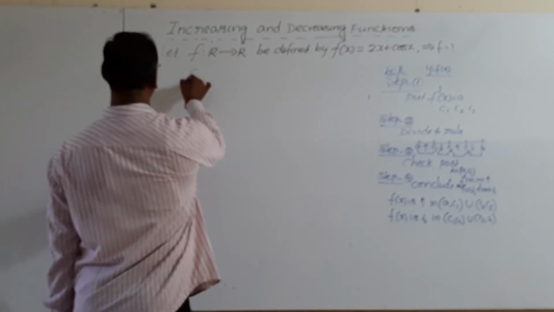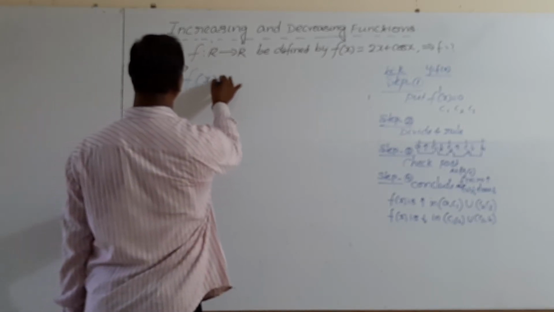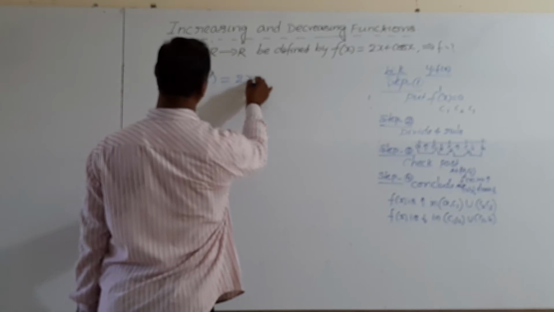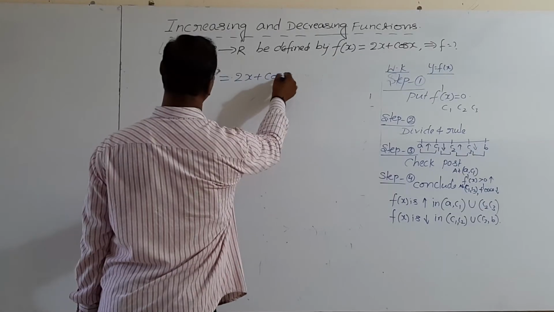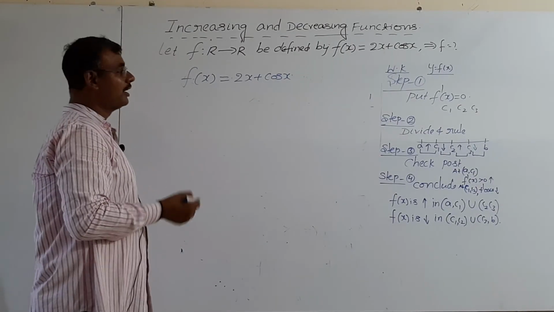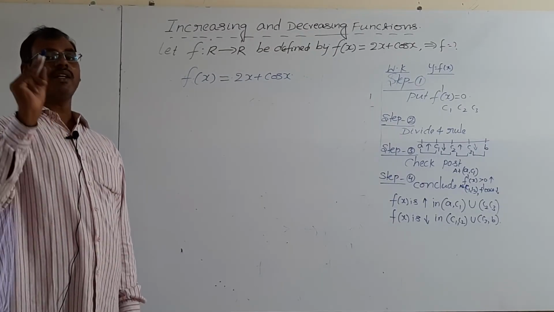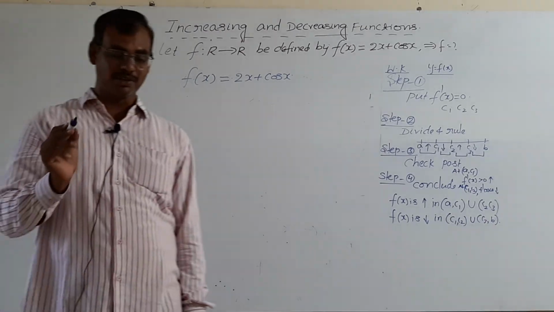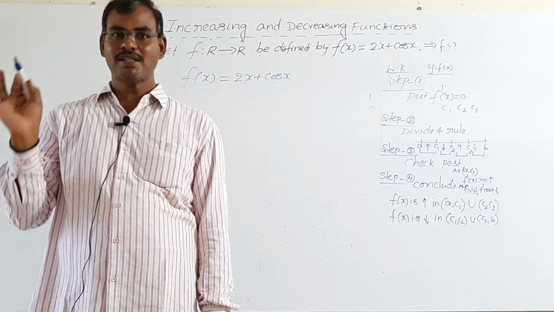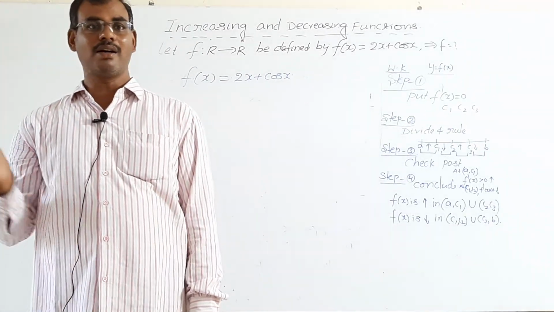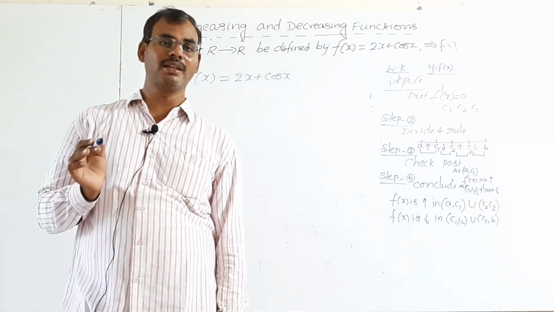So f of x is equal to 2x plus cos x. Find the derivative. How do you say a function is increasing? If the first derivative is greater than 0 in the interval, then it is called increasing.